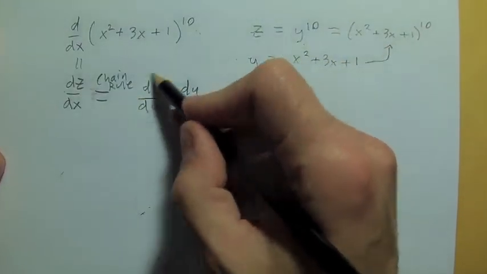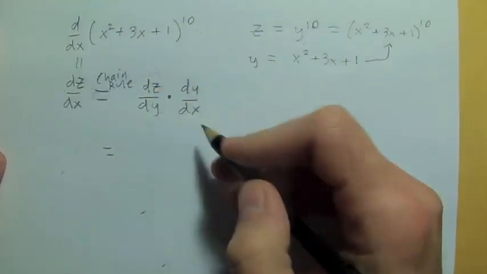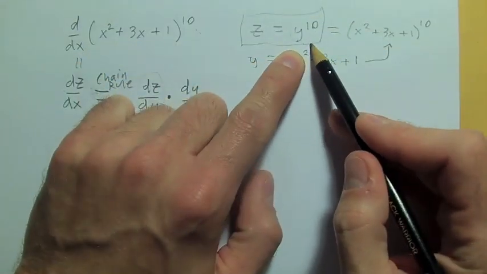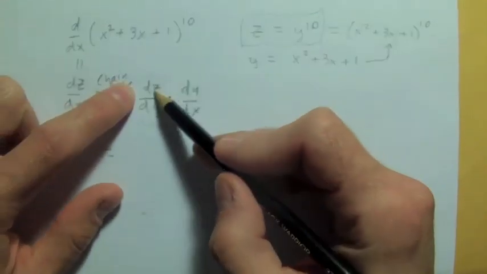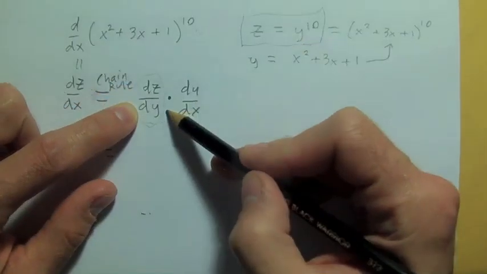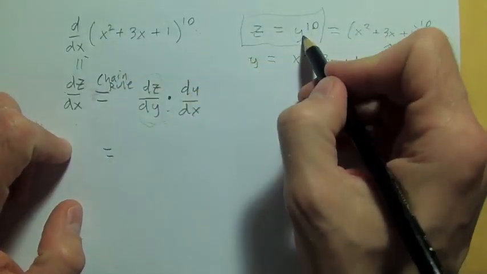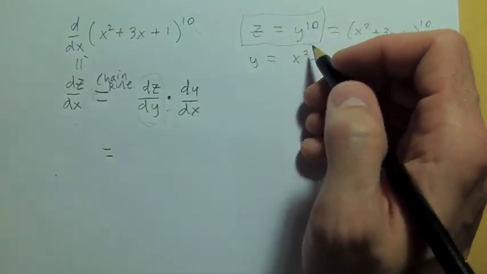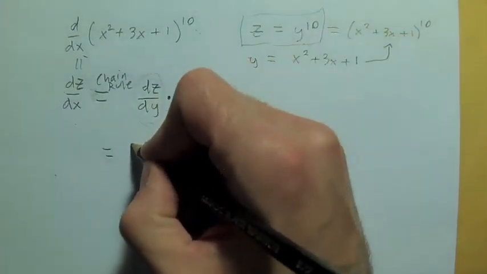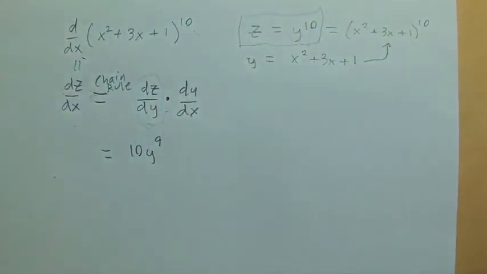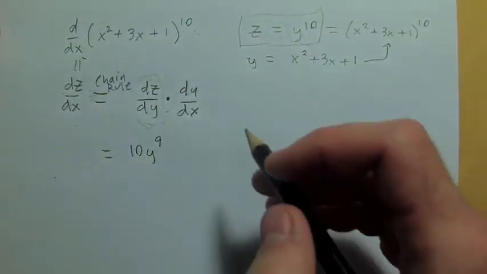Okay, so let's look at this. The dz over dy. Well, here's z in terms of y, right? It's y to the 10th. So what would the derivative of z be with respect to y? Well, think about it for a second. The derivative of y to the 10th, if we're taking the derivative with respect to y, is 10 y to the 9th. Okay.